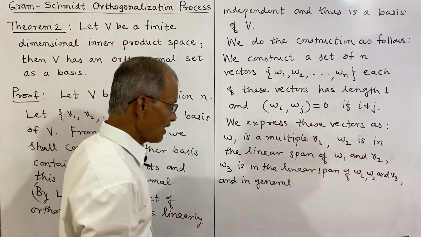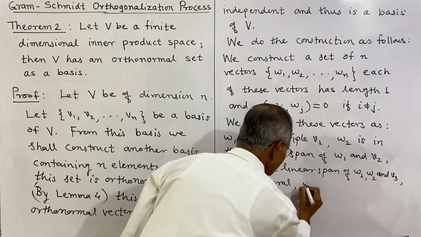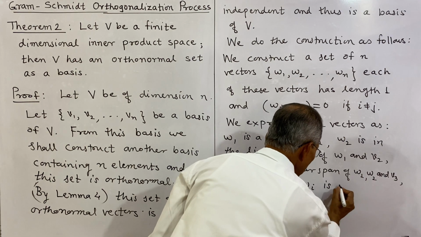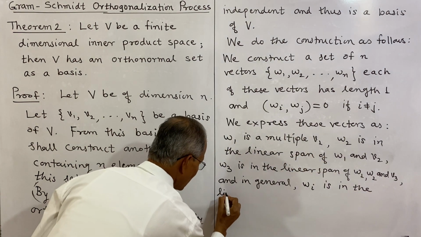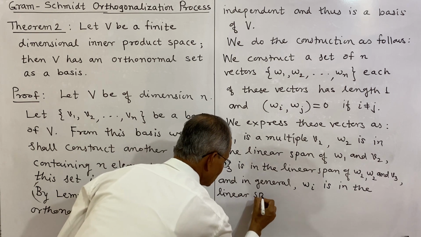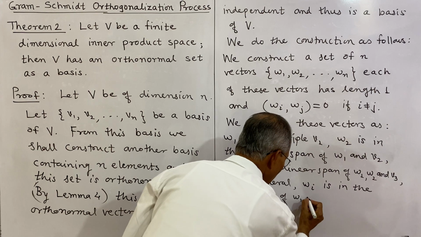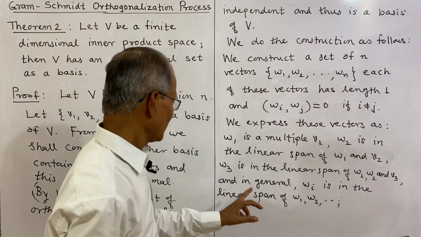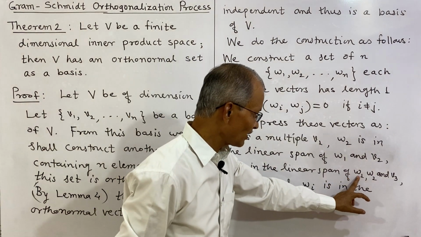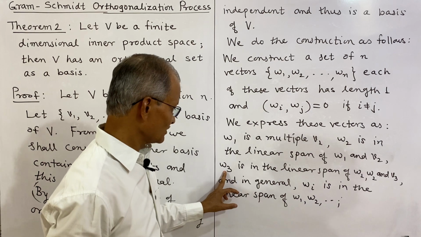And in general, wi is in the linear span of w1, w2 and so on up to, now you can observe w3 is in the linear span of w1, w2 and v3, so one less suffix is there.